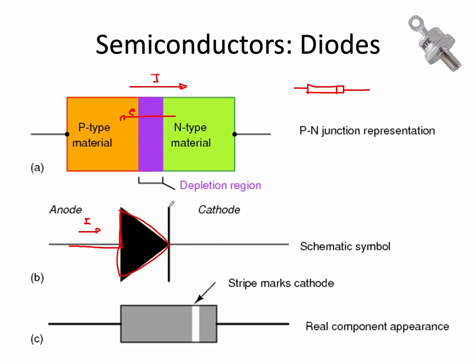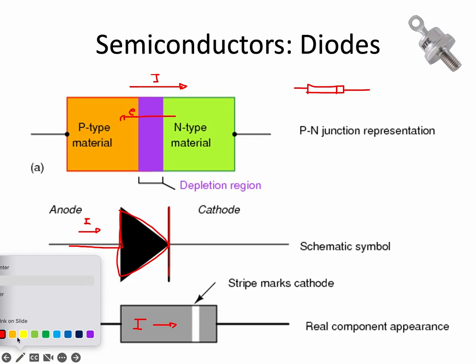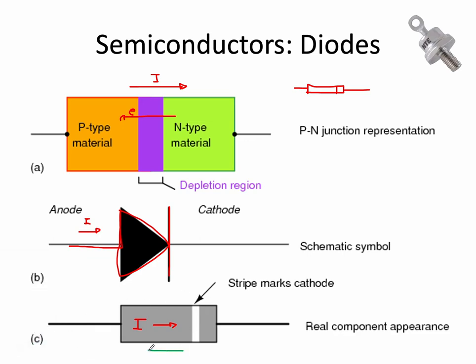And so the line here represents this line right here. So current can flow through this diode this direction. Which way are electrons flowing? Electrons are flowing the opposite direction. So the electrons are free to go through this thing in this direction, not in the opposite direction. So just kind of remember that when you see these things.